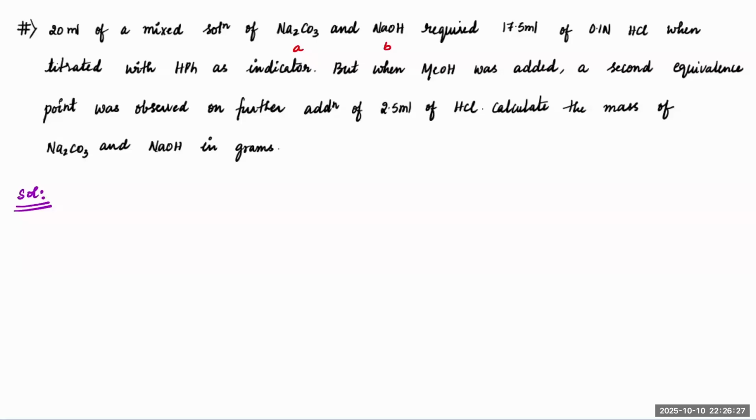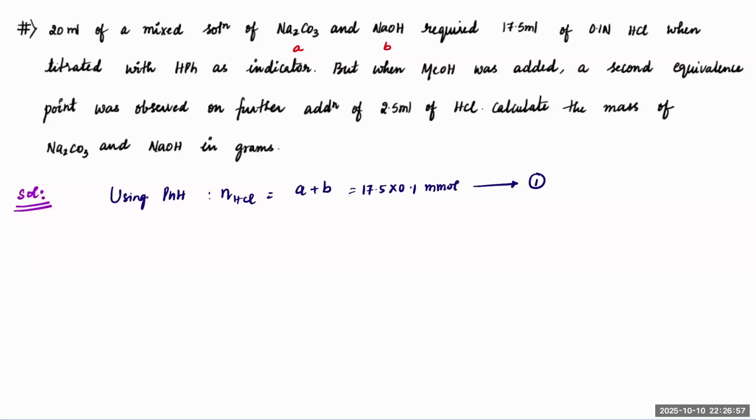Right. Notice this one. Using phenolphthalein, the number of moles of HCl that we will be using is A plus B. And that must be equal to 17.5 into 0.1 millimoles. Let us put this as equation 1.